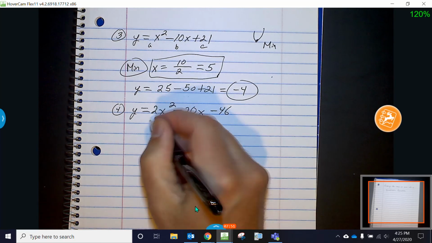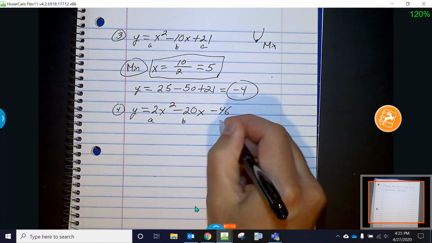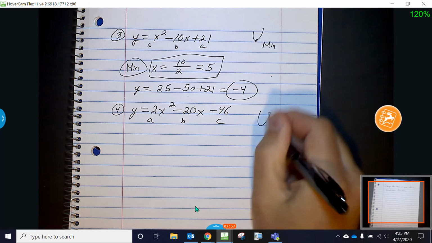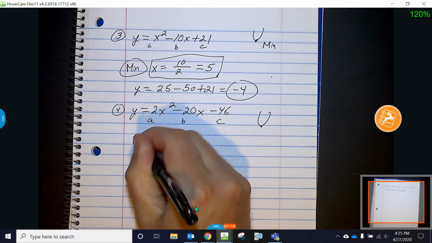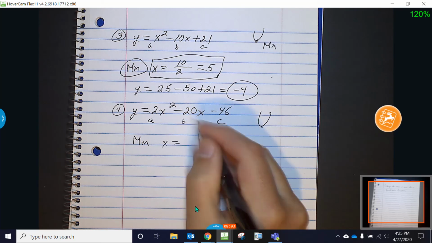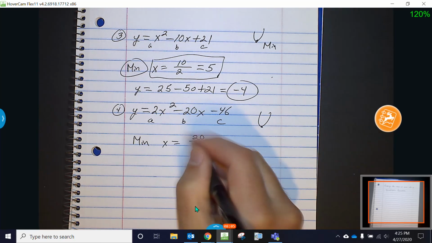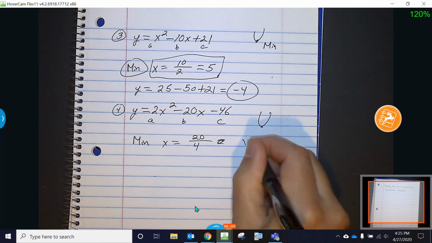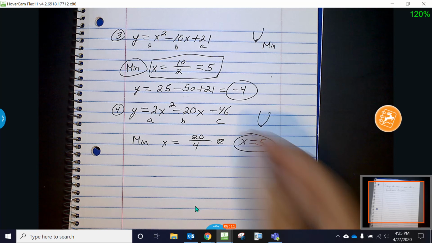Okay, the last one. A is positive, it opens up, so we know it's a min. The opposite of -20 is +20, over 2 times 2, which is 4, so the x value equals 5.